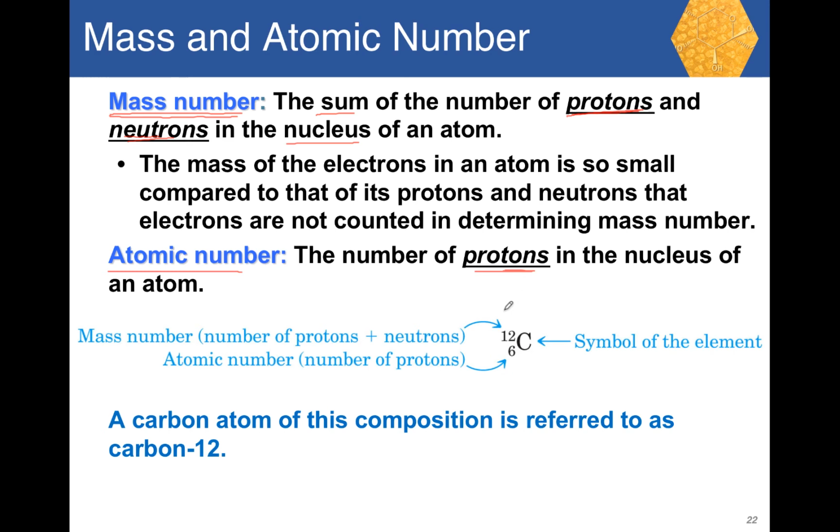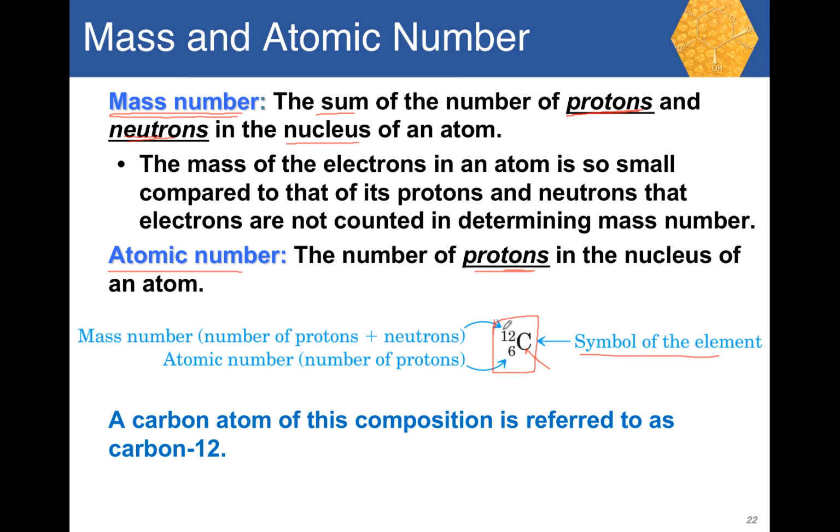So looking at the periodic table, what you'll see is something like this, where C is the symbol, because from here on we'll use symbols. You have your periodic table, so you can refer to it to see what C means. C here means carbon.